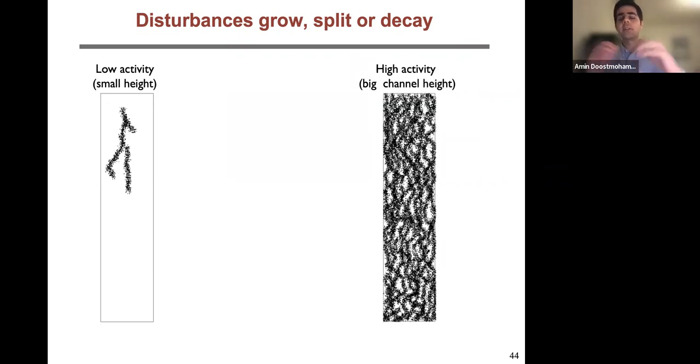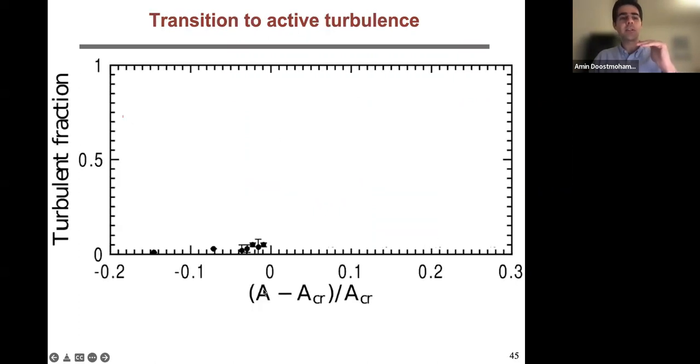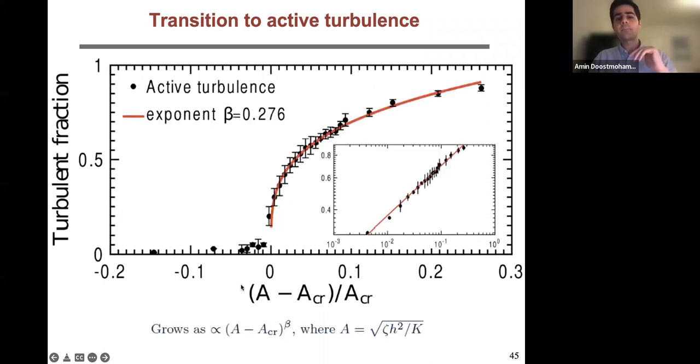At very large activity, they spread to the entire system, but there is a critical activity where the rate of splitting and the rate of decay balance each other. And we have a certain amount of domain occupied by these puffs. We can measure this, call it the turbulent fraction, measure it as a function of activity, and then it follows a power law with a coefficient 0.276.